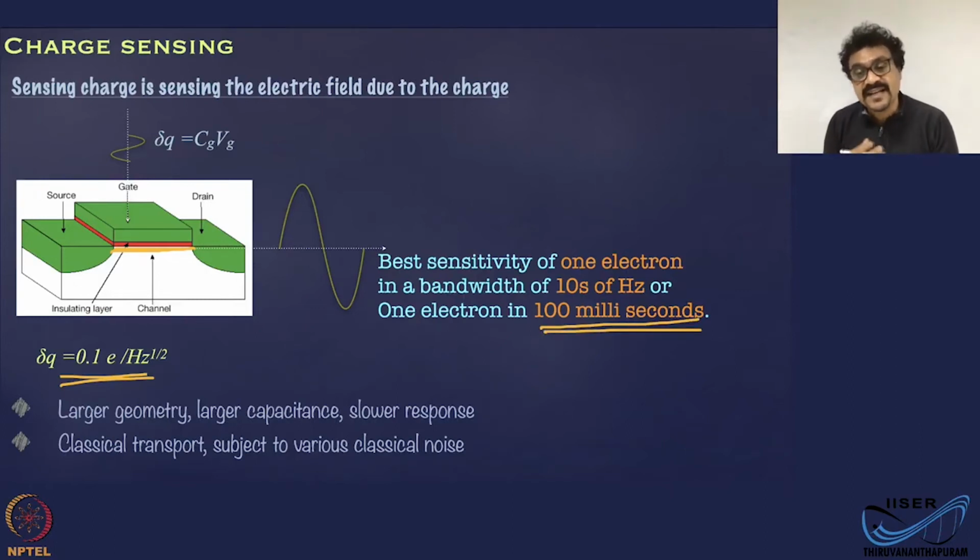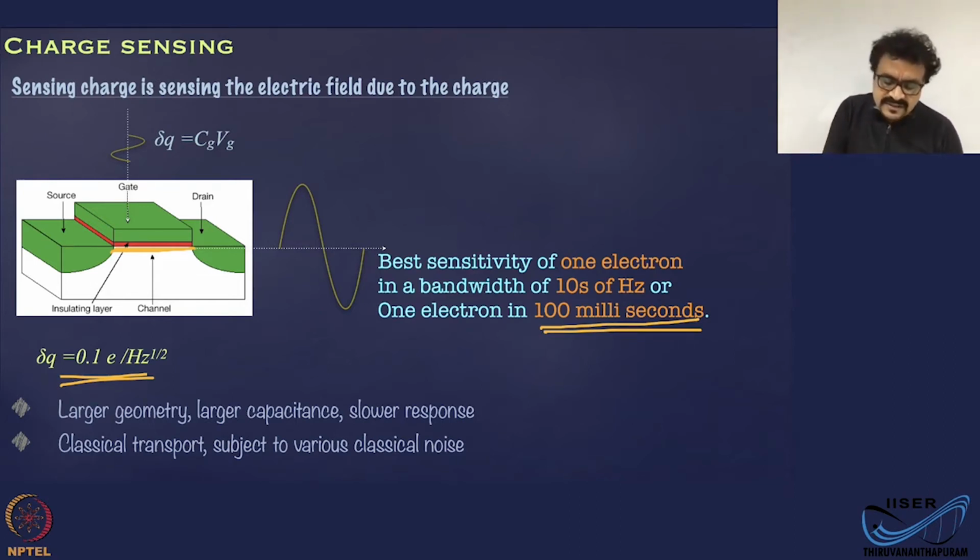So you need that much long time to sense 1 electron. But remember, many of these charge transfer processes happen on nanosecond to picosecond or microsecond time scales. That is how the charge dynamics happen in solids.